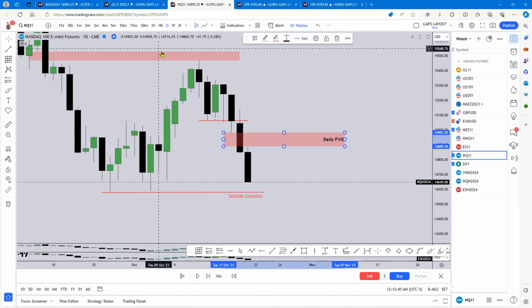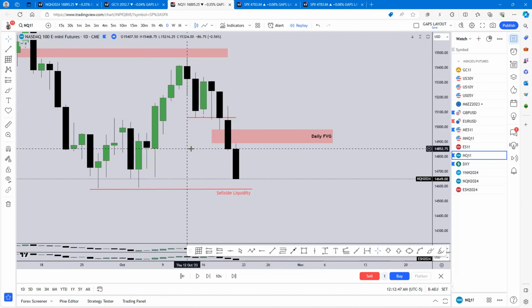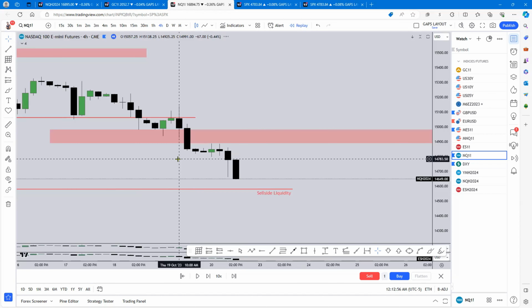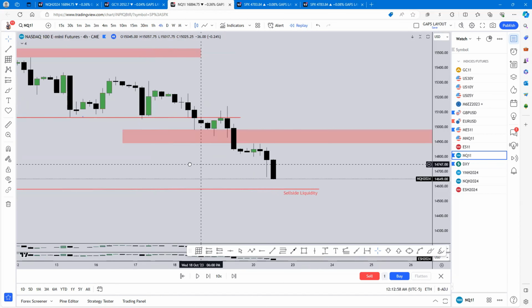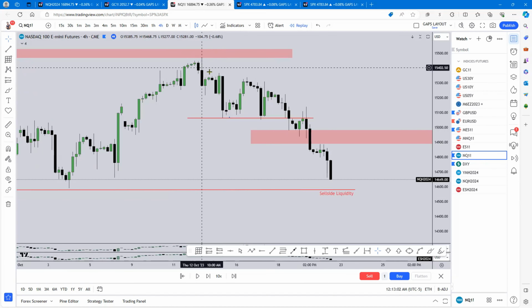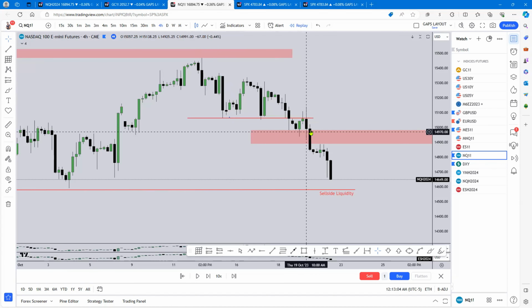Now, if the daily is not clear to you, then you want to work your way down and look at 4-hour structure. You don't necessarily always have to have a weekly and a daily bias in order to find setups. We can see that on the 4-hour, price has clearly been bearish, bearish, bearish.